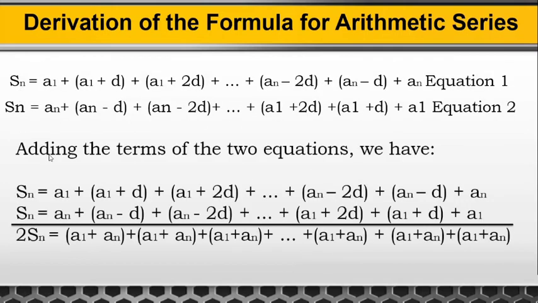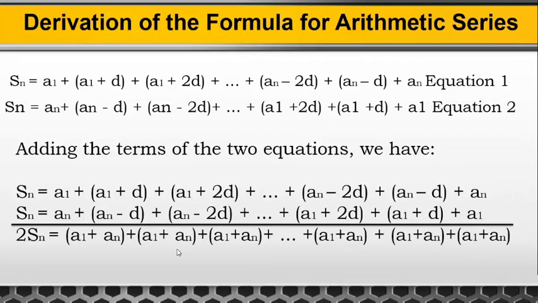So if we add now equation 1 and equation 2, this will become 2Sn is equal to A1 plus AN, and A1 plus D plus AN minus D, cancel D, that will lead us to A1 plus AN. And here, 2D minus 2D, that is 0. So A1 plus AN.